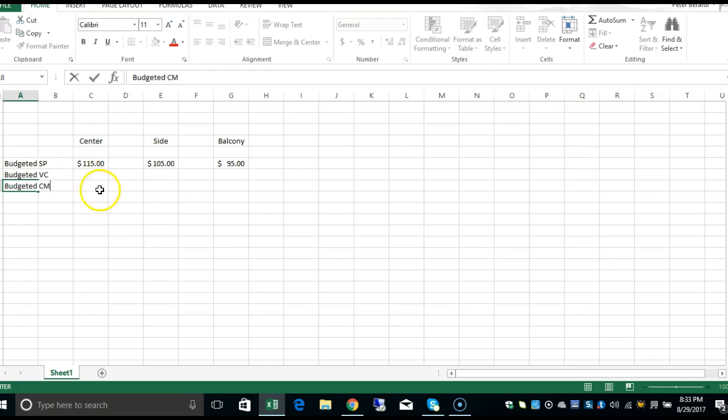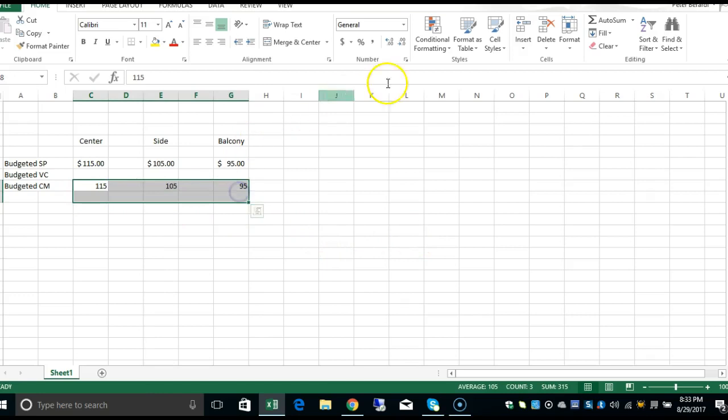In this case, they're telling us the contribution margin is the same as the ticket price. Not the best question, but let's just say that for now, the contribution margin, as the problem says, is the same as the ticket price.